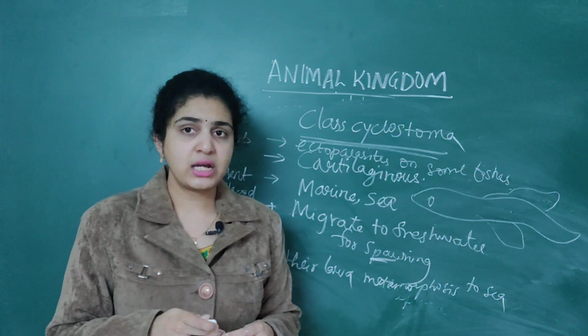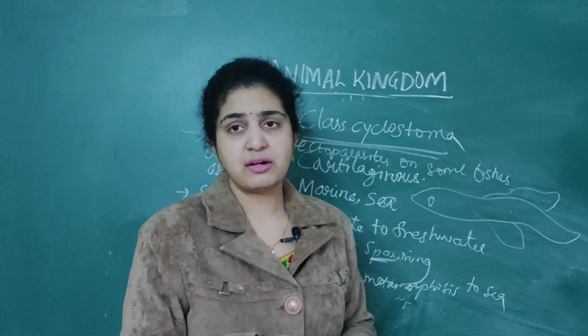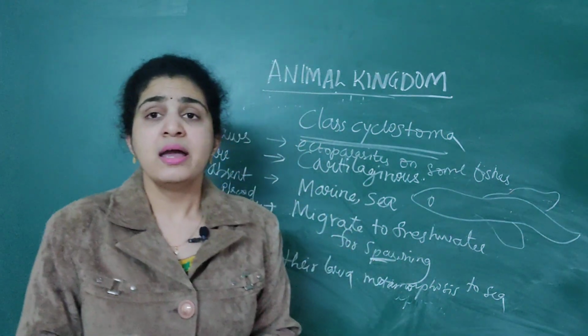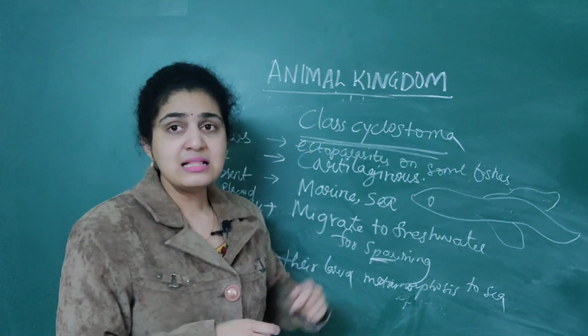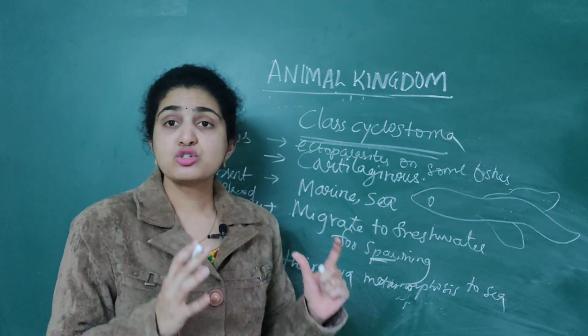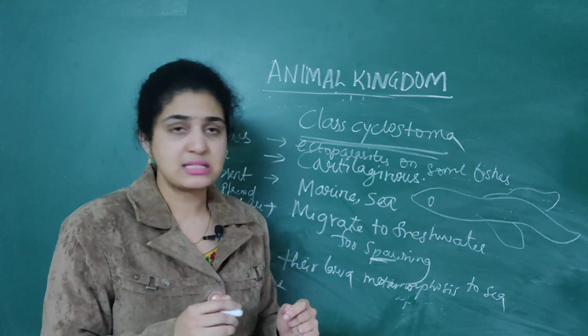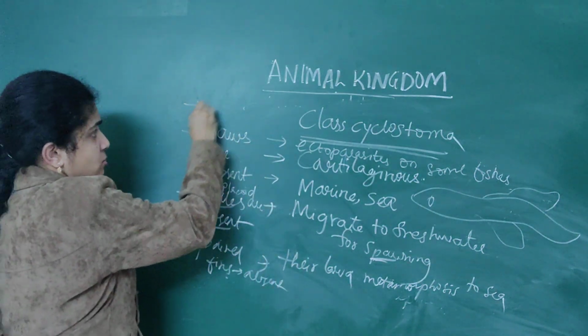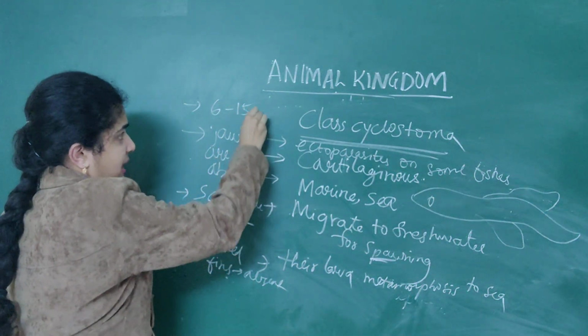Now, another important specific feature associated with this class Cyclostoma is gill slits. They have 6 to 15 pairs of gill slits.